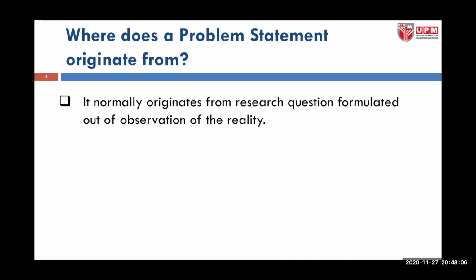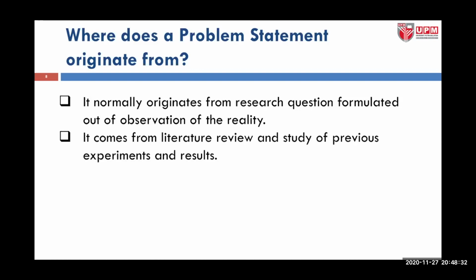So the research questions there can trigger a good problem statement because it's already justified. It has already been investigated and analyzed. So these are the recommendations for further study. So that is probably some of the sources of the problem statement. And it can come from literature review and study of previous experiments as well as results.